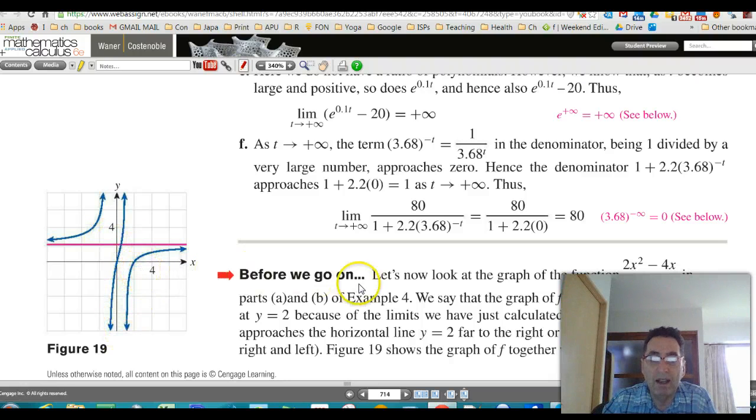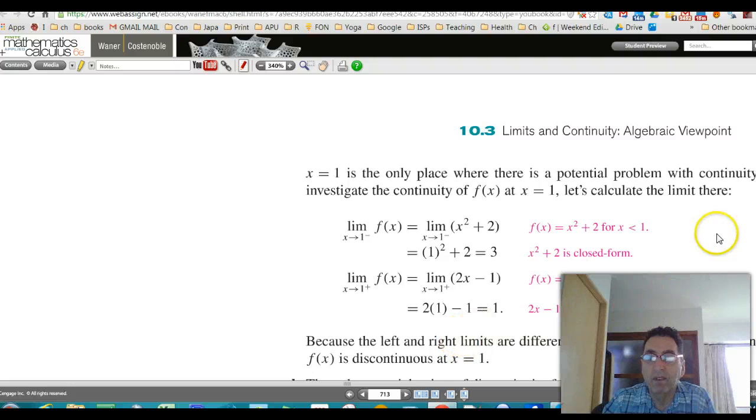If we go to the right and it approaches something, that's enough to call something a horizontal asymptote. It doesn't also have to go to the left and approach that number. So even if this part weren't here, still, we'll call this red line a horizontal asymptote.